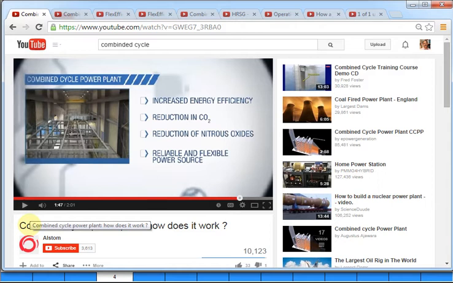It's safe to breathe, etc. Why do you have less CO2 emissions for this type of power plant versus a coal power plant? Well, in a coal, the fuel is primarily coal, which is primarily carbon with no hydrogen. What is natural gas? What is methane? 1 carbon, how many hydrogen? 4. So you get a lot of water. It's just because the fuel is CH4 instead of all C.